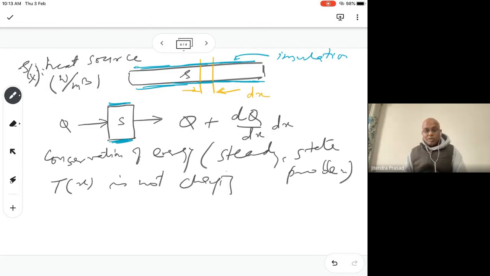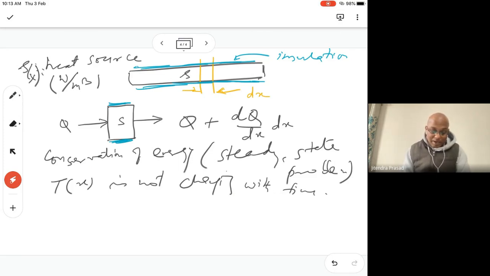So it has reached the steady state. That means whatever the expression of T(x) is will remain there. It is not a function of time. T itself is changing as a function of x, but not as a function of time. Got it?